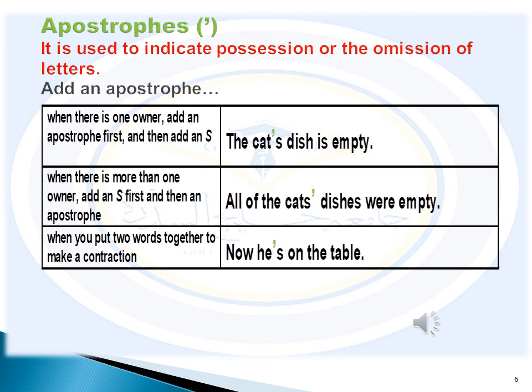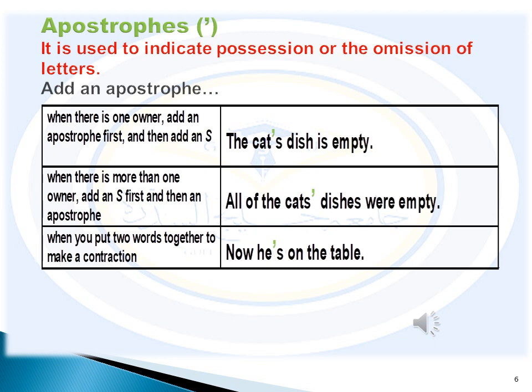Also add an apostrophe when there is more than one owner. In this case, add S first and then an apostrophe. So here we will see that the apostrophe comes after S because we are talking about plural form. Here the word cat or cats, cats plural, and here we think of cat as singular.